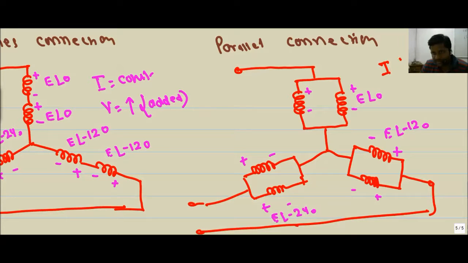Here the current rating increases and the voltage remains constant. So this is the advantage of the number of three-phase windings.